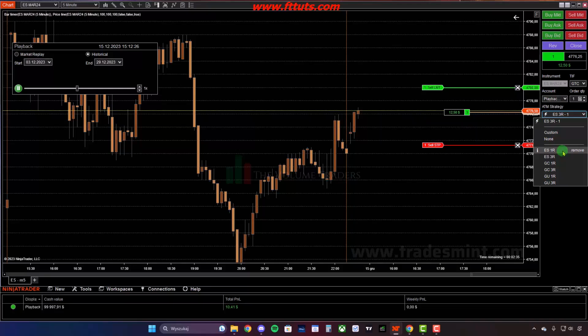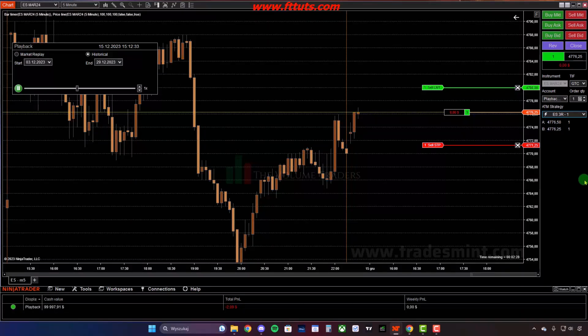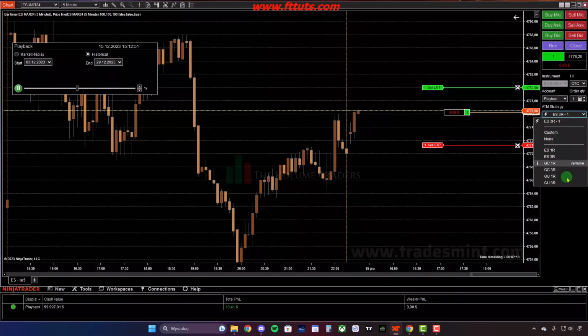What I mean here: if you trade micro contracts, you could set, for example, you trade 3 contracts if the stop loss is 5 pips. If the stop loss is 10 pips, you trade 2 contracts. And if the stop loss is too big, like 15 pips, you trade just 1 contract. Everything you can set here and save as a template to have a similar list.